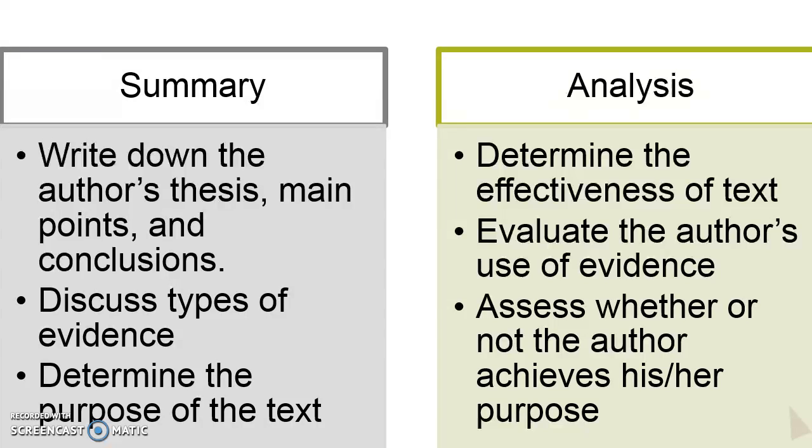And analysis is determining the effectiveness of the text. Is this working? Where is this author coming from? Did they use evidence? Is it biased or not? Is the author achieving his or her purpose?